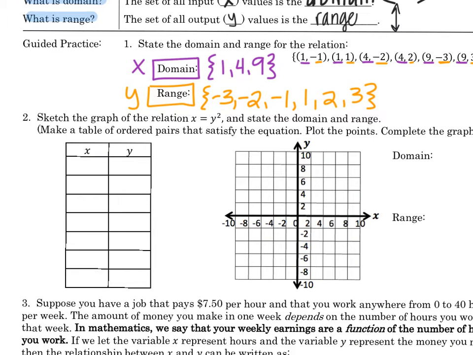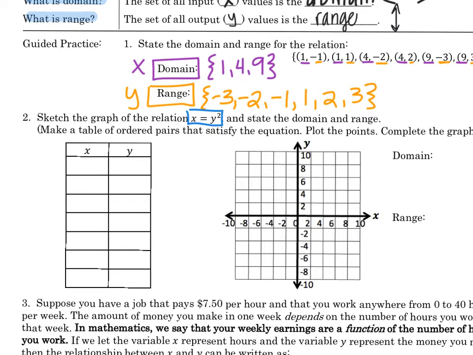Sketch the graph of the relation x equals y squared and state the domain and the range. Make a table of ordered pairs that satisfy the equation, plot the points. One thing that is important to note is we have this equation x equals y squared, and right now we cannot plug that into the calculator and graph it.